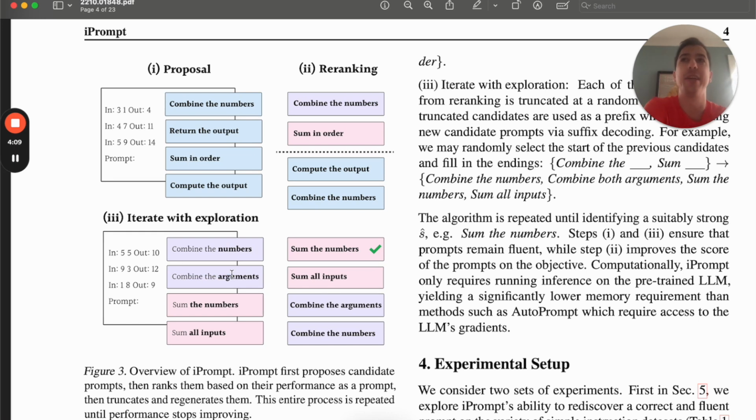And the idea here is that we would be keeping each functional word but exploring the space of different ways of prompting the model. And so sum the numbers, or sum in order, or sum all the inputs. And again, you can rank these to say which one of these is the best. And then use this as your final instruction on this data set.